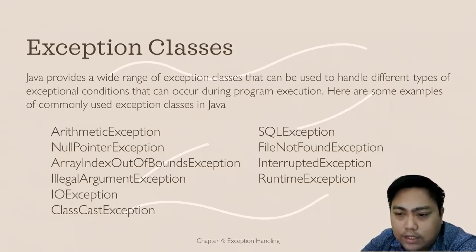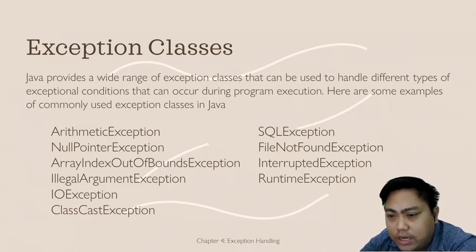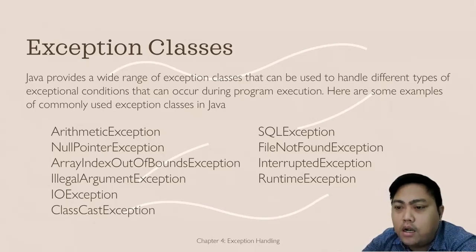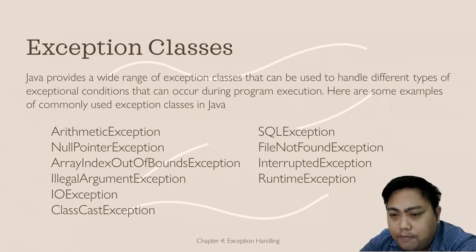Then FileNotFoundException. This exception is thrown when a file cannot be found within the drive or within a particular URL. Then we have InterruptedException. This exception is thrown when a thread is interrupted while it is sleeping or waiting.